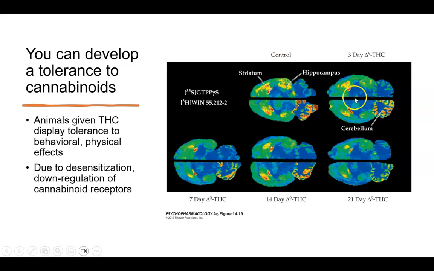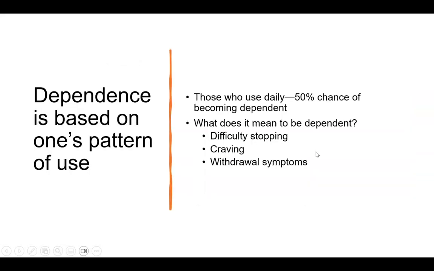So here was a control group. Here's a group with up to 21 days of THC, and you can see that there is significantly less receptor activity, particularly in the basal ganglia and the cerebellum compared to controls. Now, dependence, for those who take it, is ultimately going to be based on one's pattern of use.